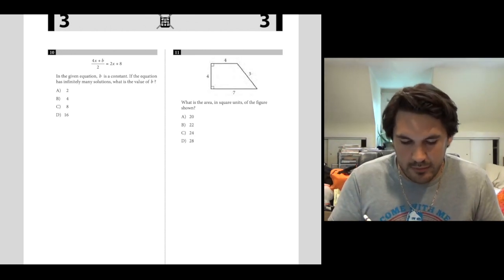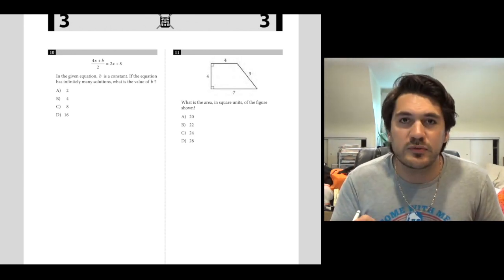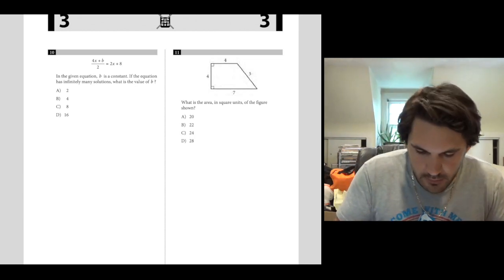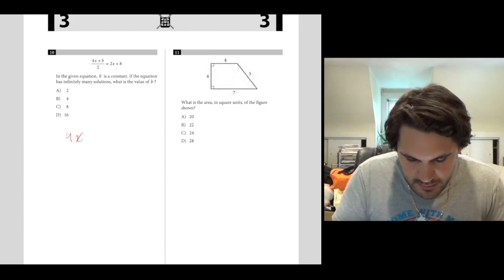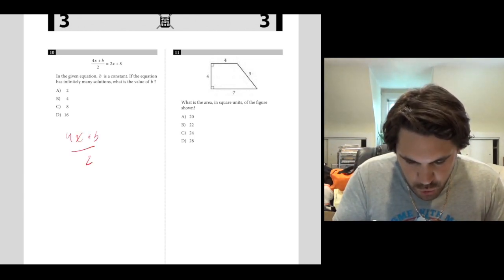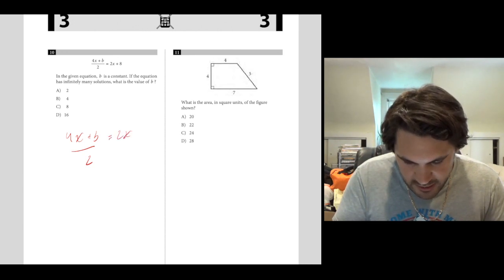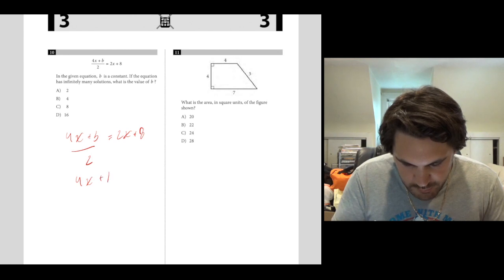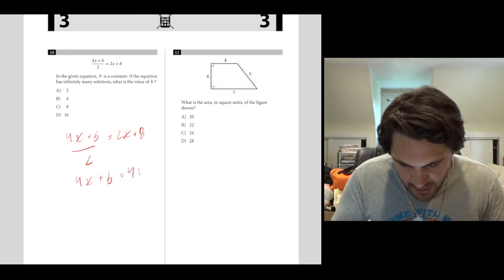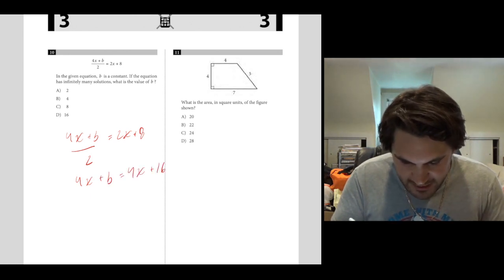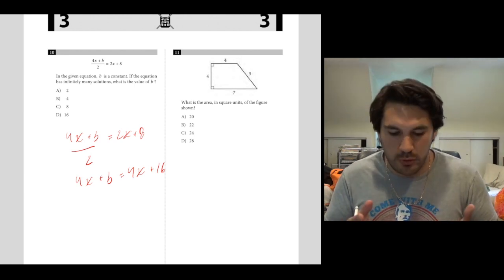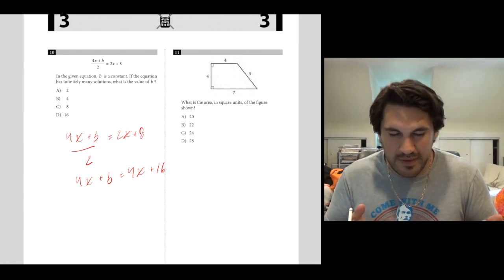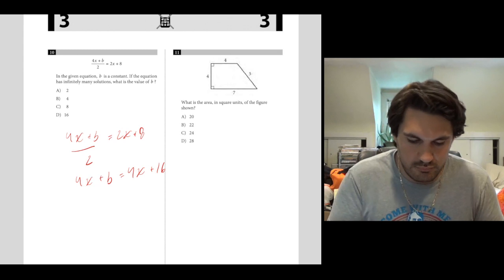Let's multiply both sides by 2 because we can. So 4x plus b equals 4x plus 16. For both sides to be equal, b must be equal to 16. D is our answer.